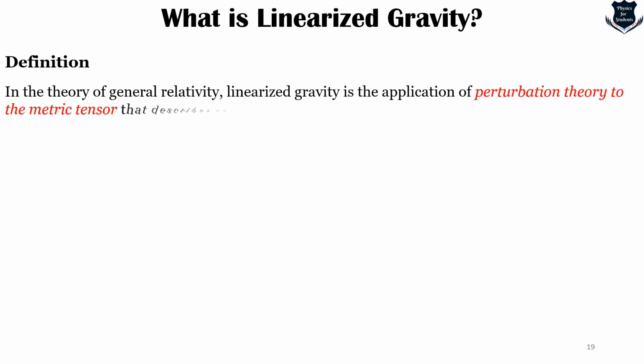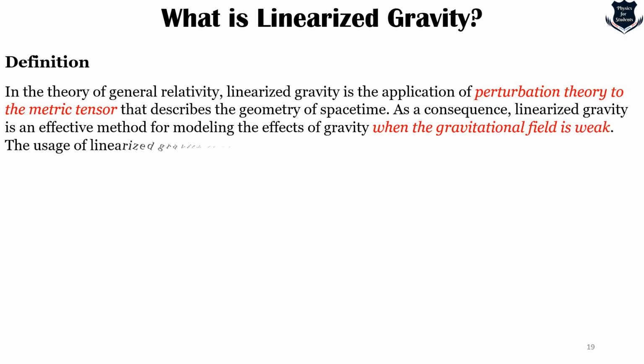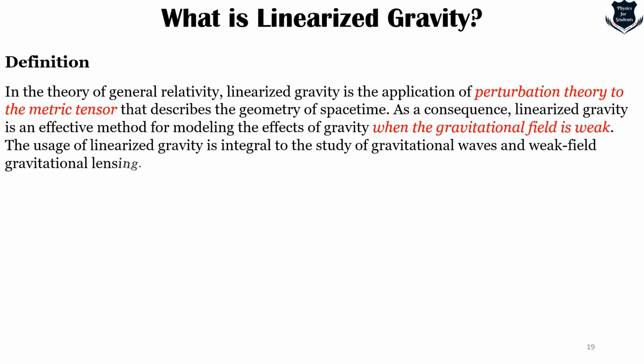So in the general theory of relativity, linearized gravity is an application of perturbation theory to the metric tensor. As a consequence, linearized gravity is an effective method for modeling the effects of gravity when the gravitational field is very, very weak. And the usage of linearized gravity is in gravitational fields and weak field gravitational lensing.